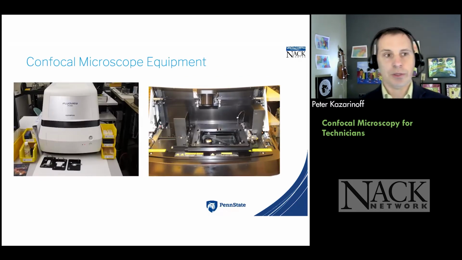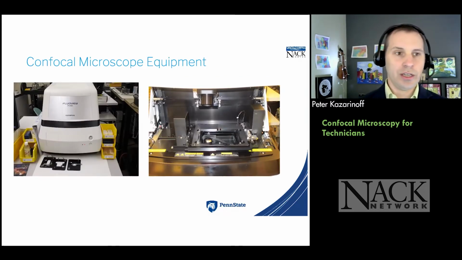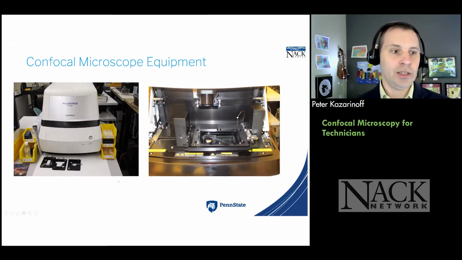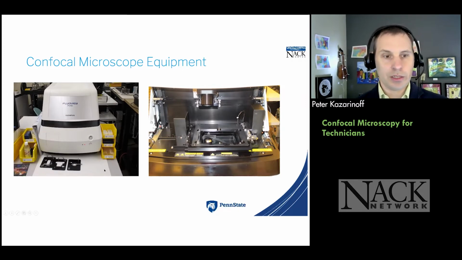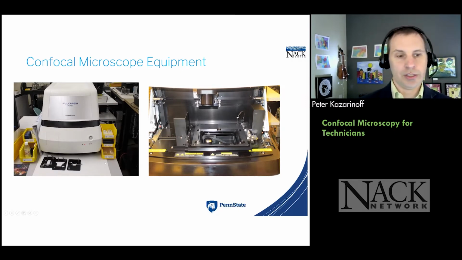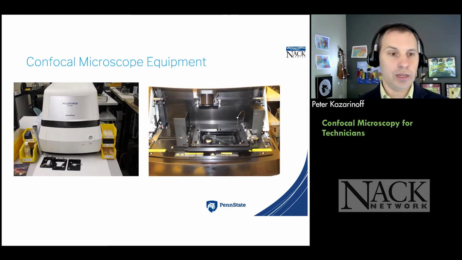So here's an example of our training laser scanning confocal microscope in our nanotechnology lab. On the left-hand image, you can see yellow boxes with some of the consumables that the technicians need to make sure were always available. And in the front, you see these black sample holders.